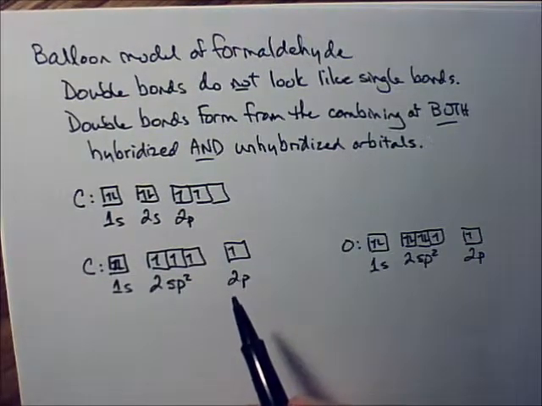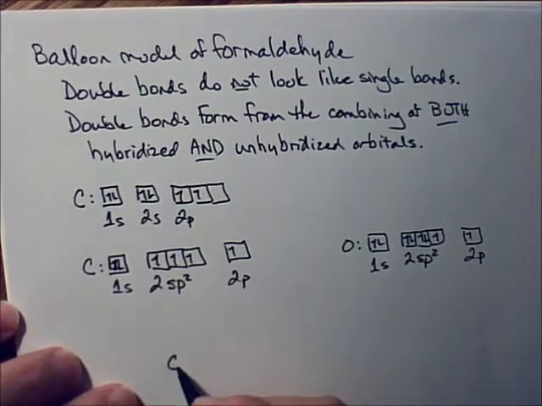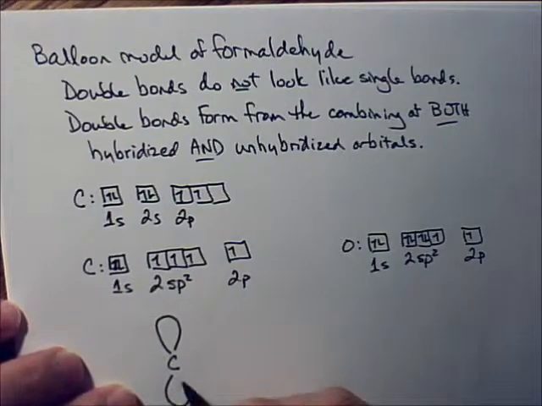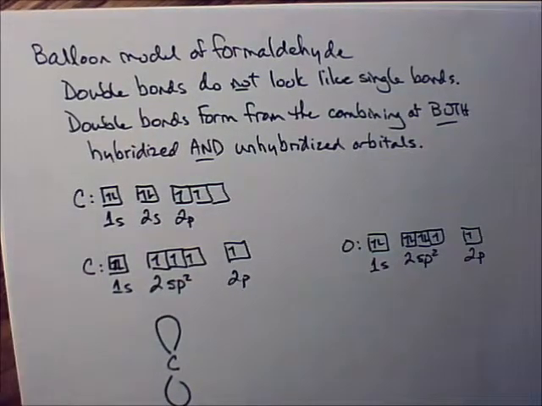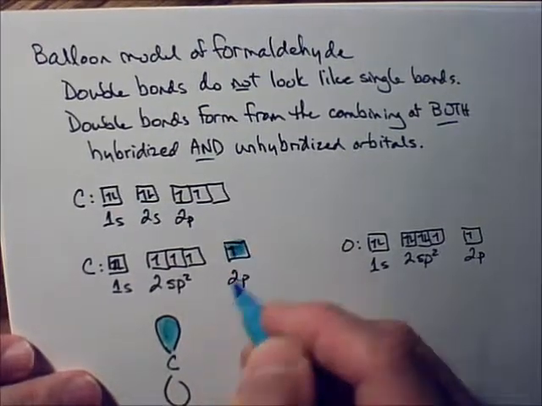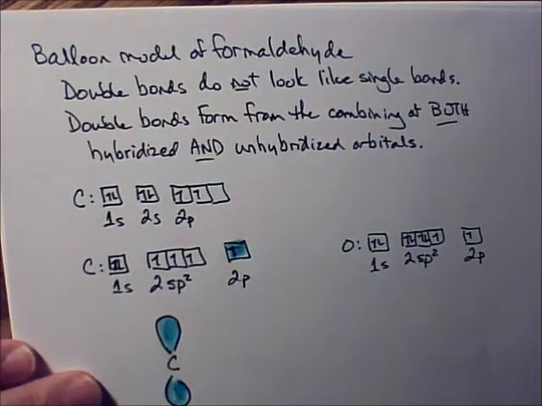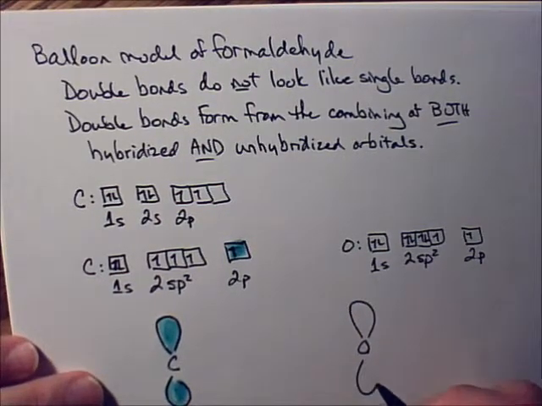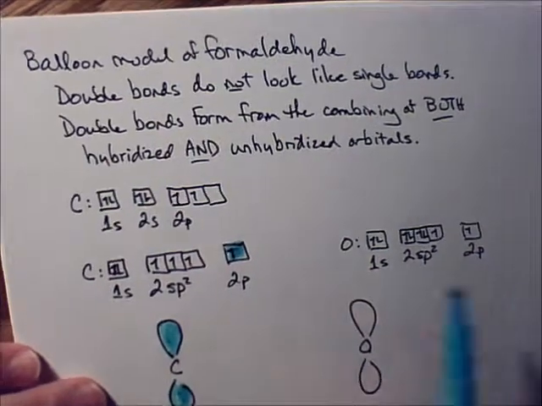A figure 8 or a double balloon, right? So this carbon's p orbital that's not hybridized is a double balloon. There's our p orbital. Oxygen does the same thing. We have a p orbital that's not hybridized.